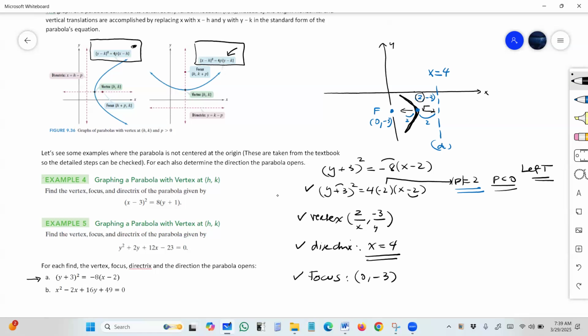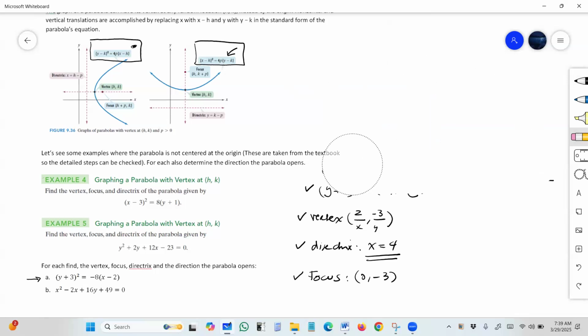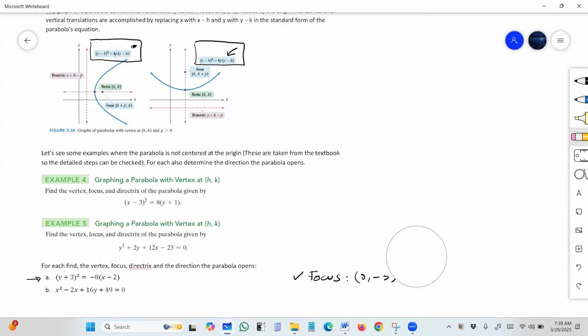In distance points. Okay, so now let's do the other type of problem that you might get. And I would say that those are more important, but it's nothing new because we've seen this technique when we dealt with circles.